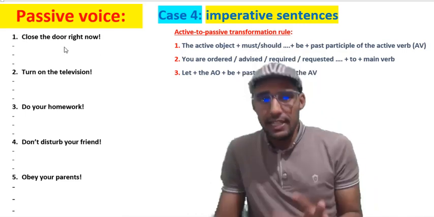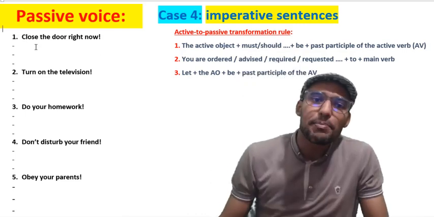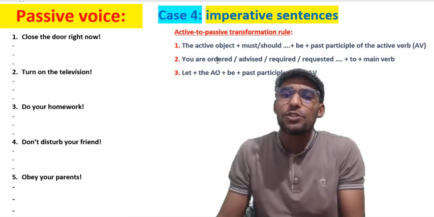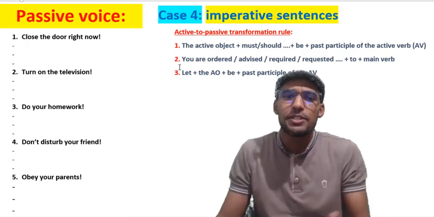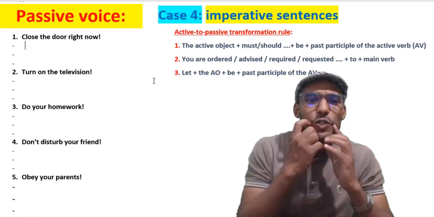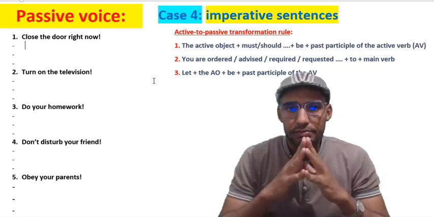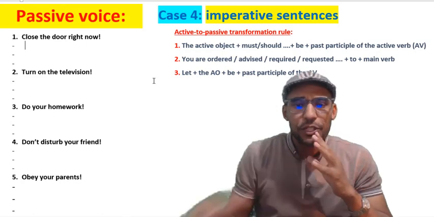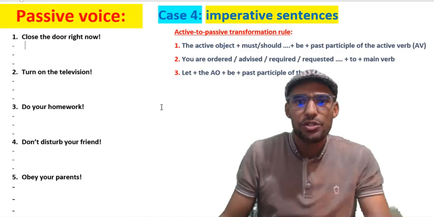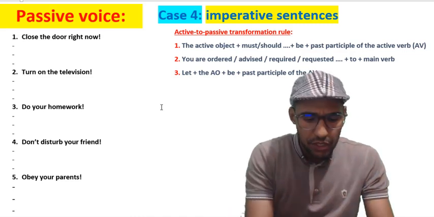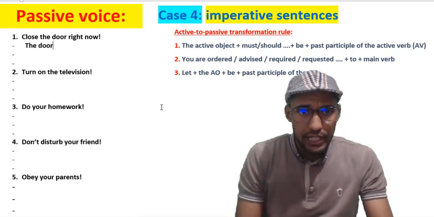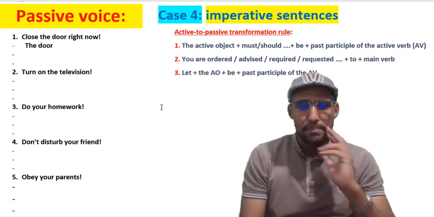Now, let's work on these examples, guys, to make it clear, and put these suggestions into practice. Number one, close the door right now. If we apply the first rule, we start with the active object here, which is the door, plus must.